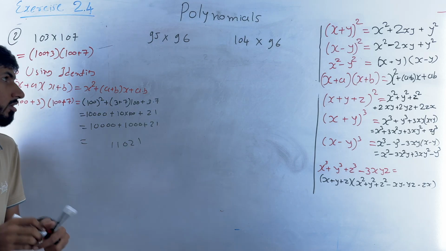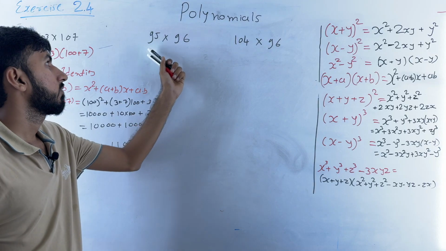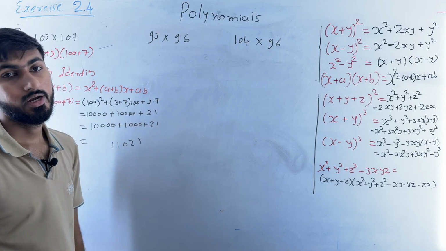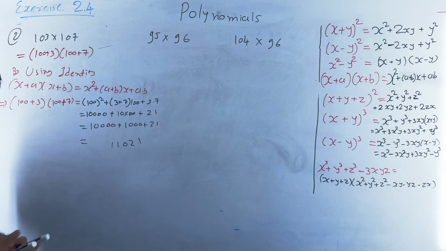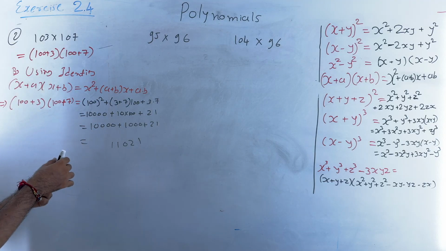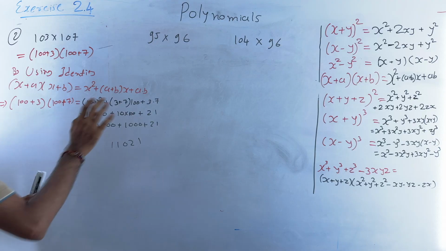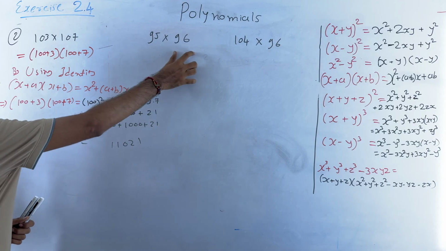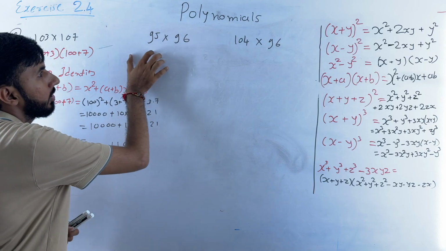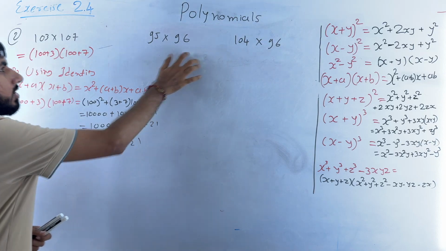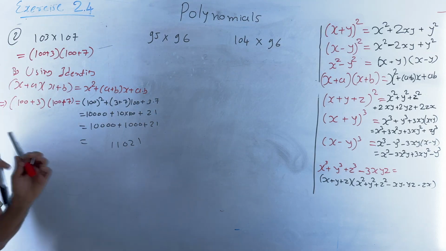Now we will do the second one, that is 95 multiply 96. Now you can use the same method. If you want to use 100, you have to do 100 minus 5, 100 minus 4, right? And if you want to use 90, you have to use 90 plus 5 and 90 plus 6, but it will be very easy for you if you use 100.